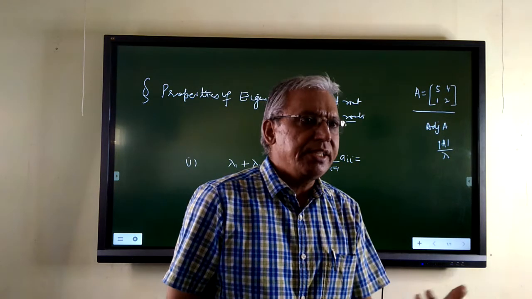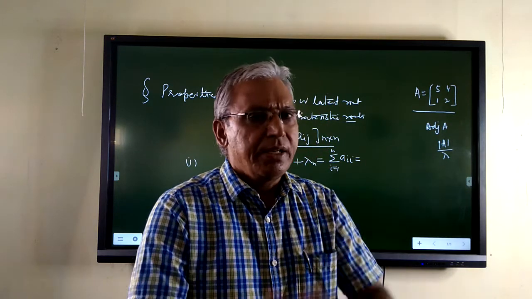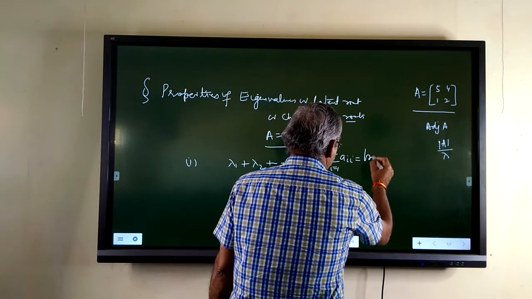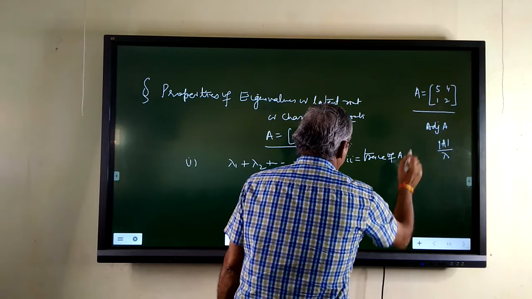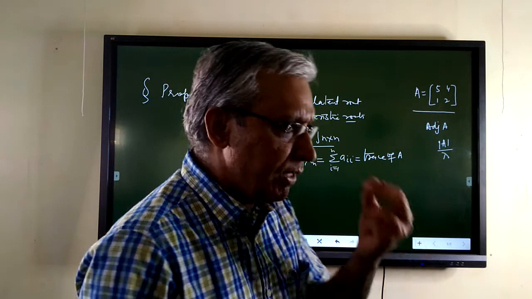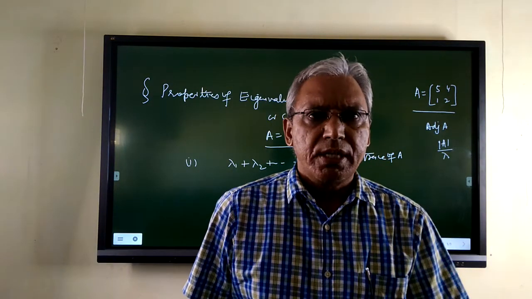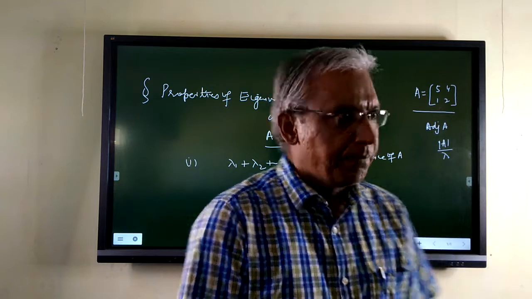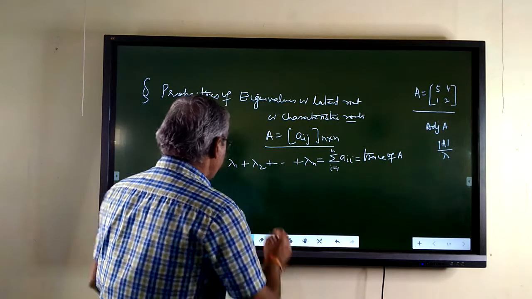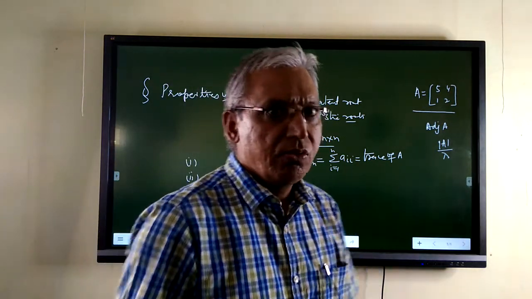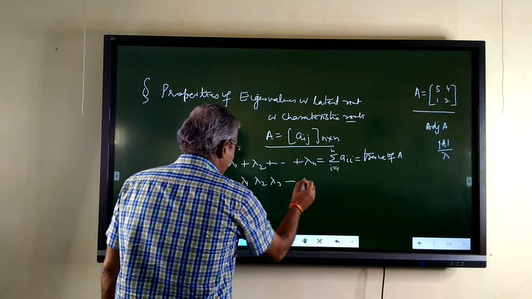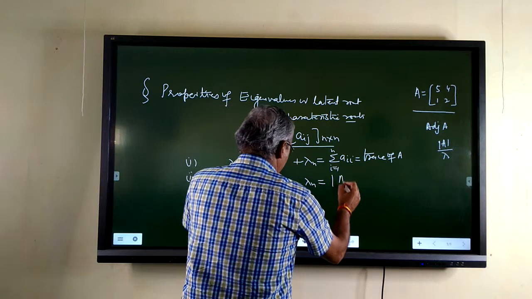These a11, a22, a33 are the principal diagonal elements of the given matrix A, and their sum is known as the trace of A. So the sum of the eigenvalues of A is equal to the trace of A. Second property: the product of the roots is equal to the determinant of the given matrix. Therefore, lambda 1 times lambda 2 times lambda 3 and so on times lambda n equals the determinant of A.